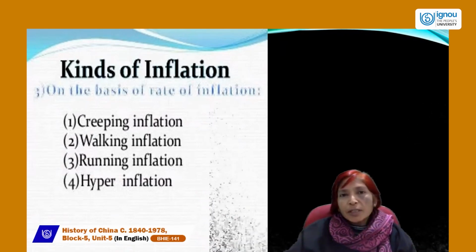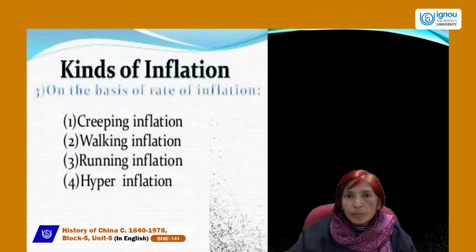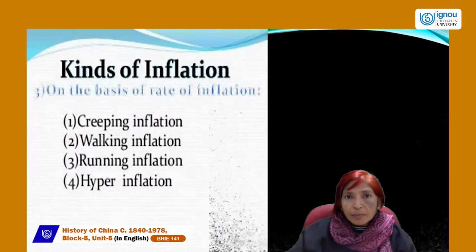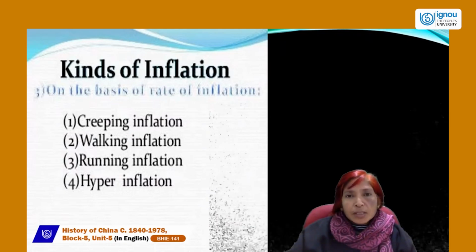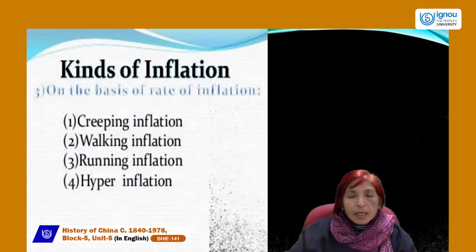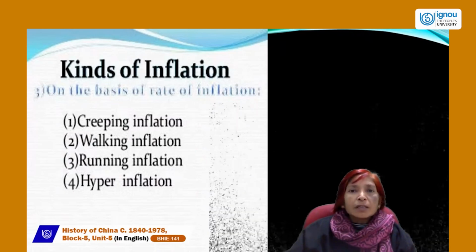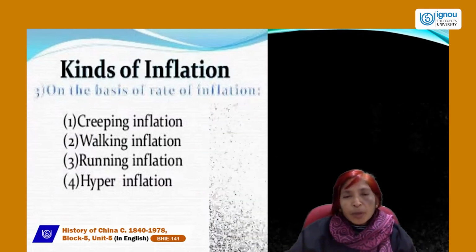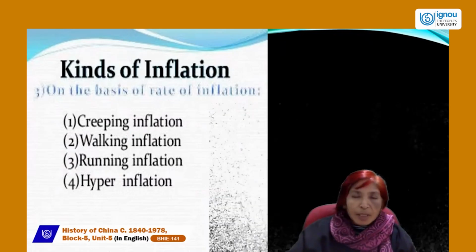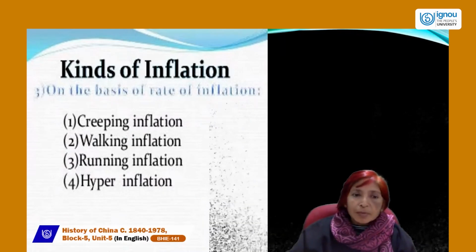So hyperinflation is very bad for the economy because at that time money lost its purchasing power, and the government has to issue new paper currency and coins to overcome this problem.